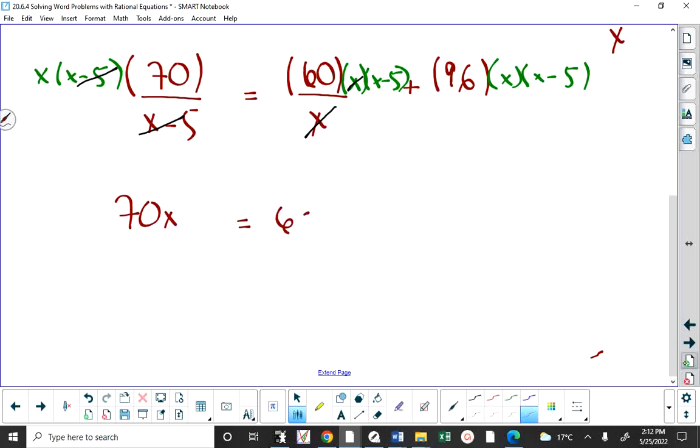You would have 60 times x minus 5. Plus, nothing would cancel here. You'd have 96x times x minus 5. You have to now expand that all out. It's going to be a quadratic. You can see you're going to get a 96x squared. So if it's factorable, I don't like that big number of 96. Even if it's factorable, I would use the quadratic formula. But it's entirely up to you how to solve it once you simplify it.